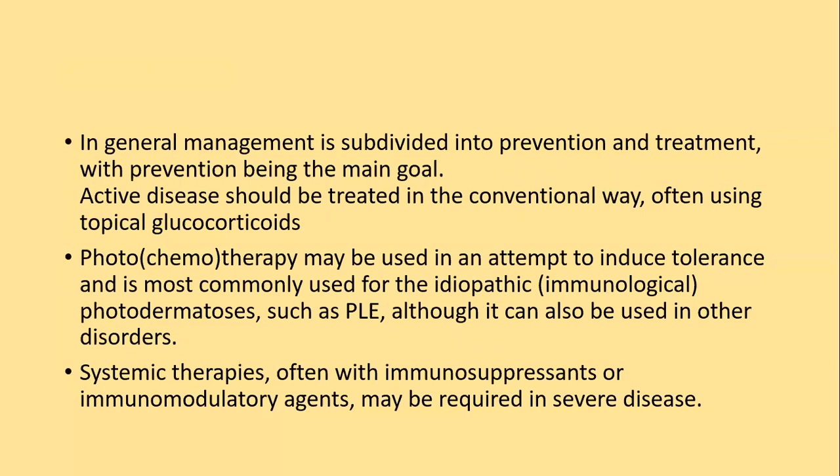Photochemotherapy may be used in an attempt to induce tolerance, and is most commonly used for idiopathic or immunological photodermatoses like polymorphic light eruption, while it can be used in other disorders as well. Systemic therapies, often with immunosuppressants or immunomodulatory agents, may be required in severe disease.